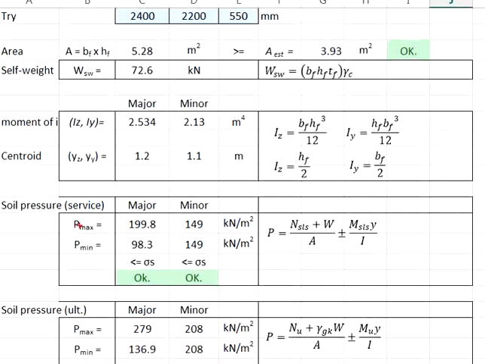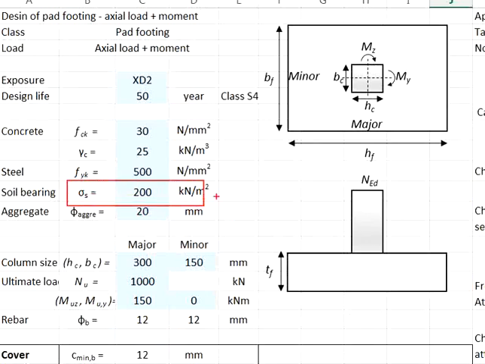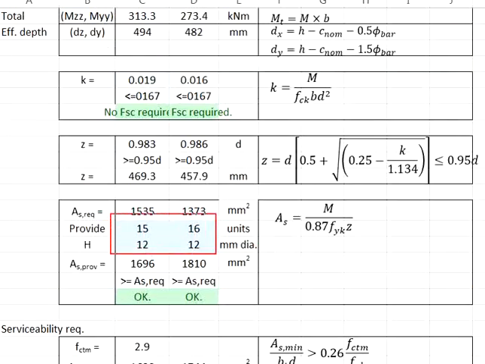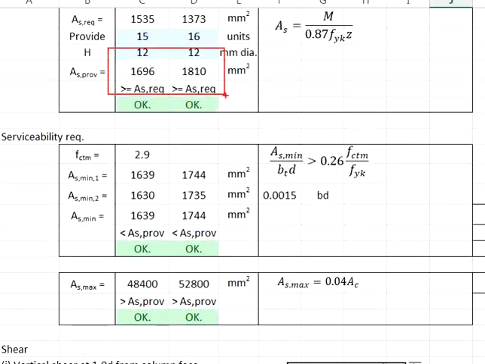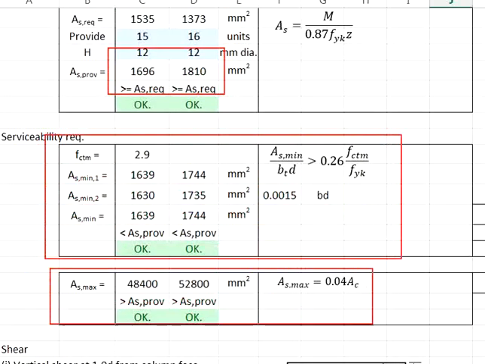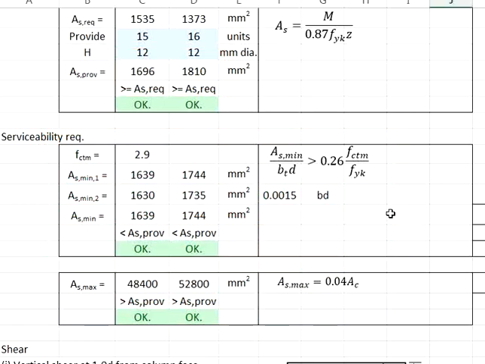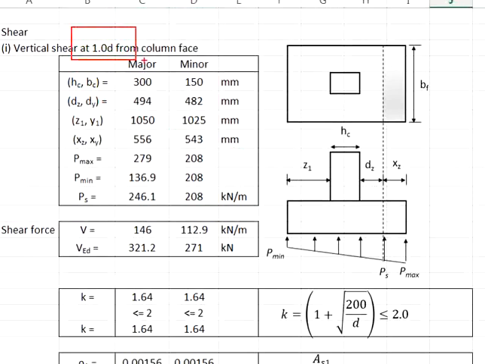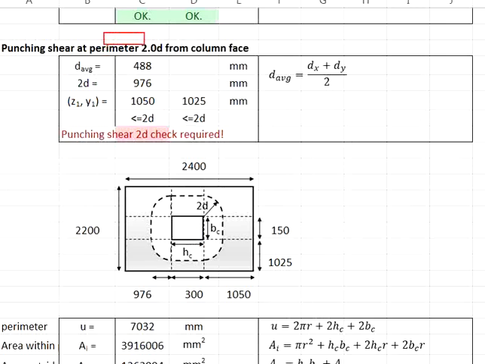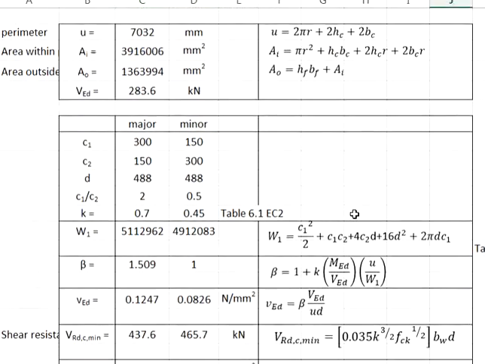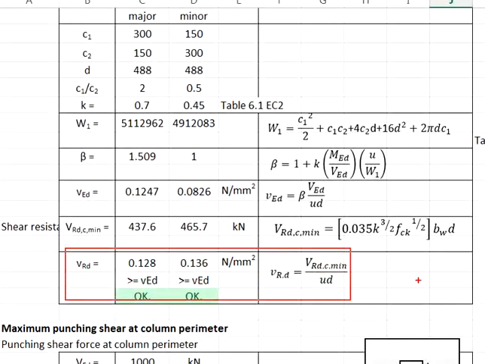This includes the surface soil pressure not exceeding the soil bearing capacity, the provided amount of reinforcement bar not less than the AS required calculated, the AS provided falling within the maximum and minimum bar area, the shear resistance at 1D from the column face is greater than the shear loads, the punching shear at perimeter of 2D from column face not greater than the punching shear resistance.